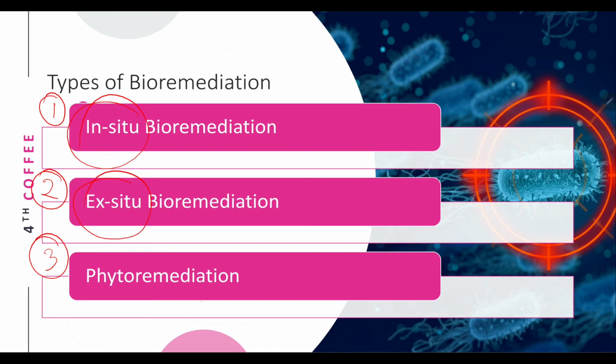Excito bioremediation means that the process of bioremediation is extracted out of the polluted site. Phytoremediation, phyto means plants. So it means the process of removing, of breaking down the chemical compounds of the pollutants by using plants.